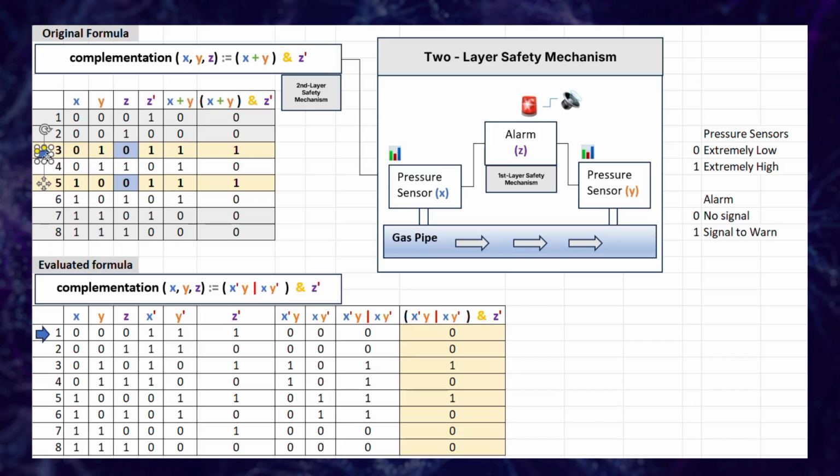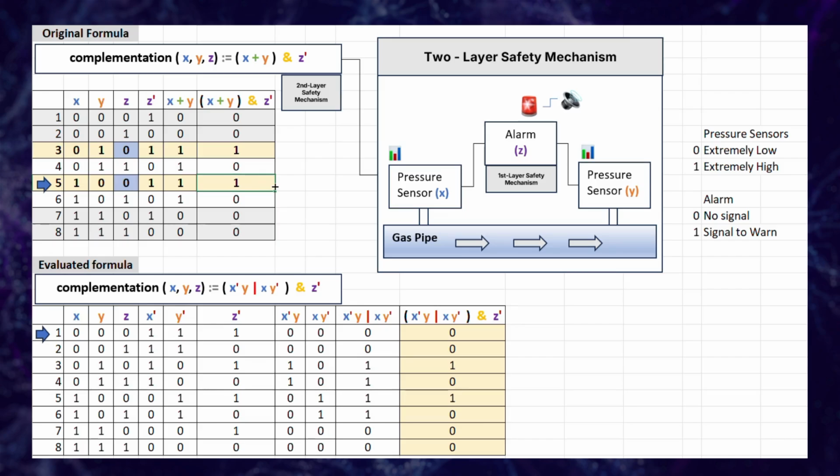Same here in scenario 5: both of them have an extreme difference, and that should sound the alarm of the Z variable, right? But Z didn't do its job. It's 0. So in that case, the second layer will make an alarm.